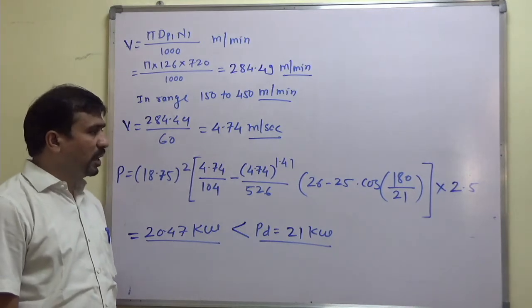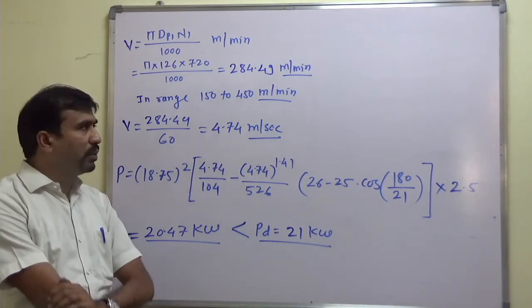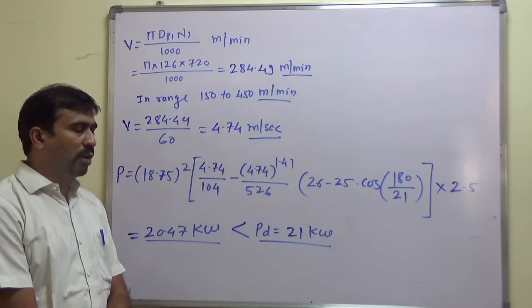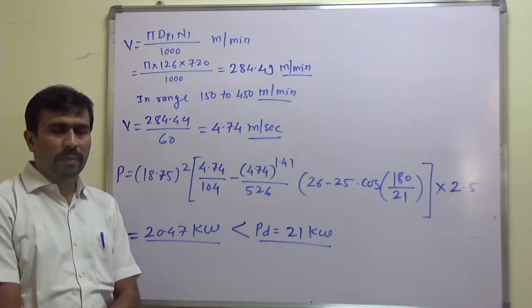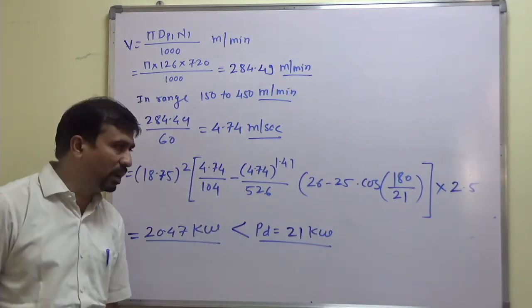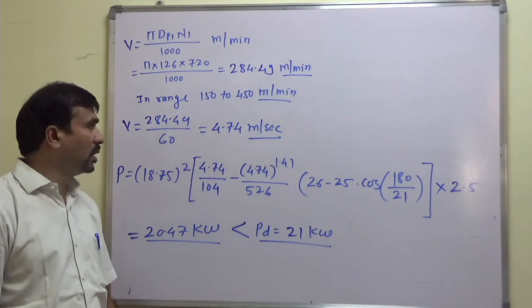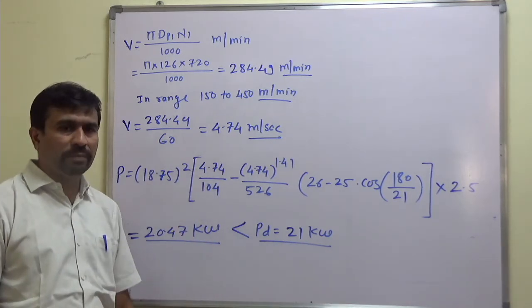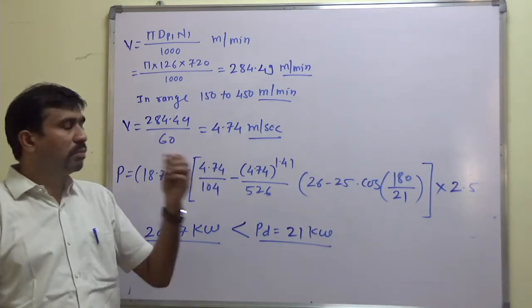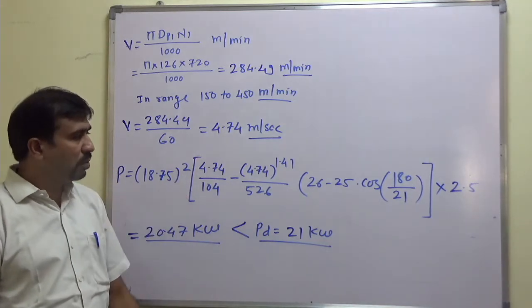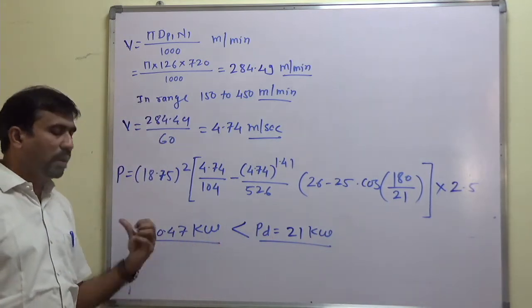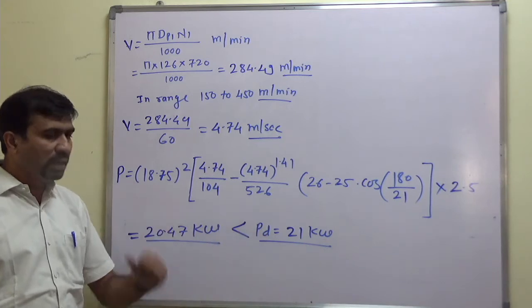So in this case, as the difference is very small, we can try increasing the number of teeth on the smaller sprocket if we have some scope for it. Initially we considered 21 teeth on the smaller sprocket, so we can increase to the next possible number, which is 23, keeping the chain number and number of strands the same. As we don't have any restrictions about center distance, hopefully by using 23 teeth we can get the power capacity to be more than or equal to the design power.